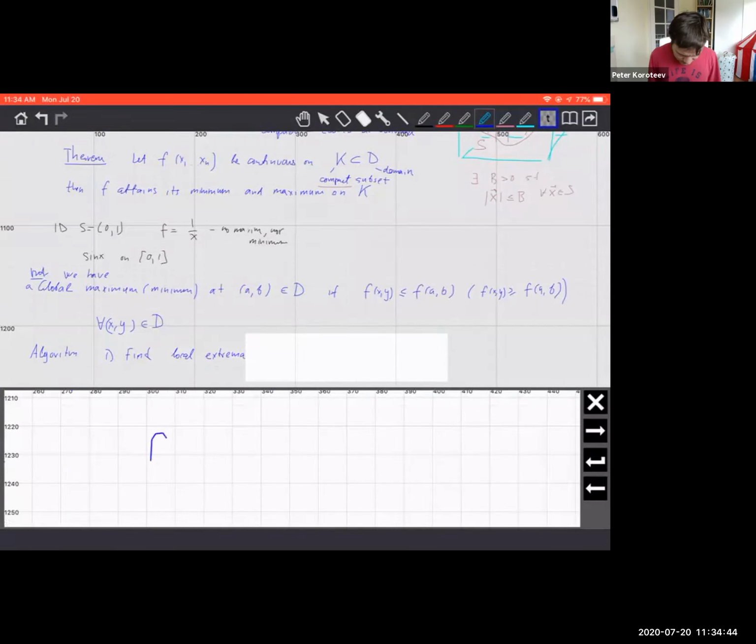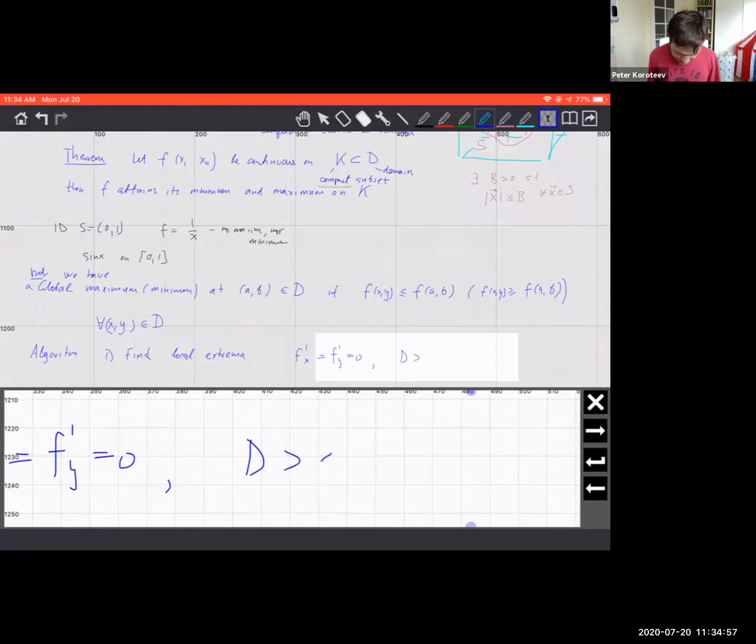You would calculate derivatives, put them to 0, and then check the quadratic form, find its sign, whether it's bigger or less than 0, and then make your conclusion about local maxima and minima.